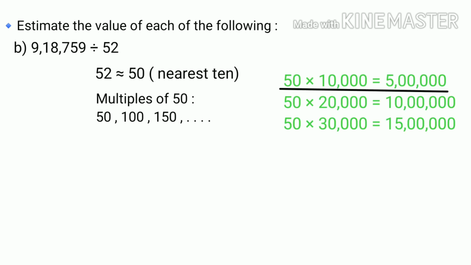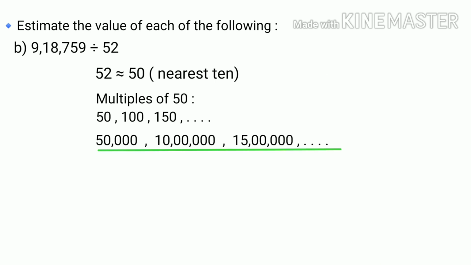We know that 50 times of 10,000 is 50,000. 50 times of 20,000 is 10 lakh. And 50 times of 30,000 is 15 lakh. And these multiples of 50 may take us nearer to 9,18,759. Now we need to see which of these multiples of 50 is nearer to this number.